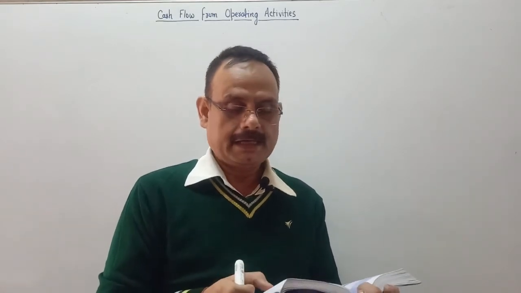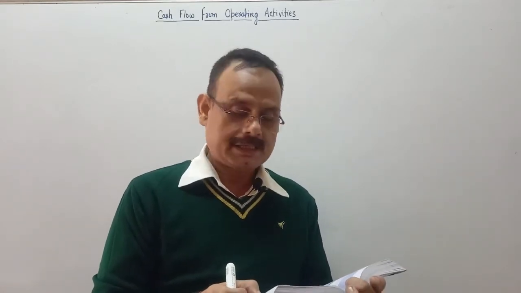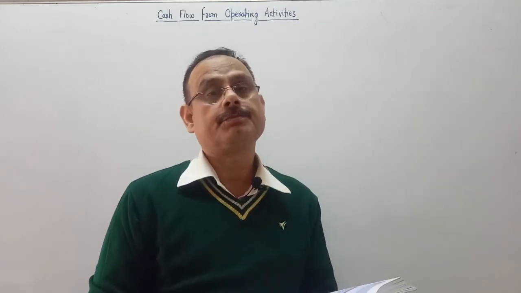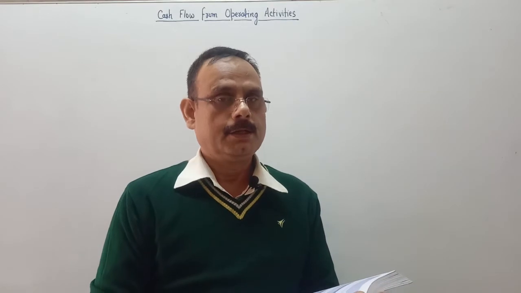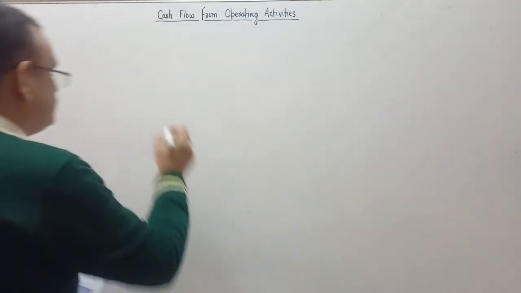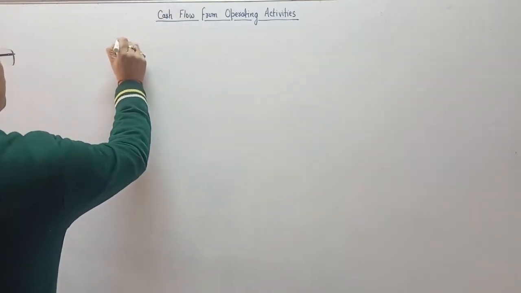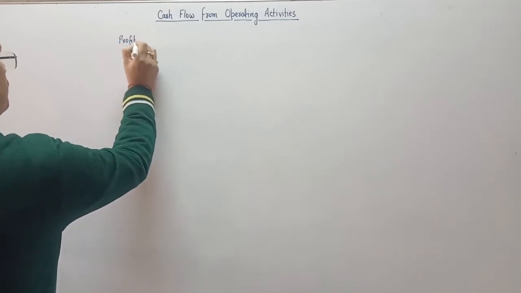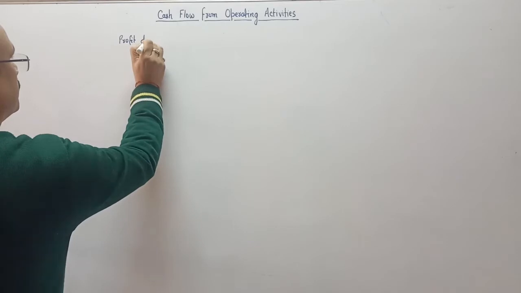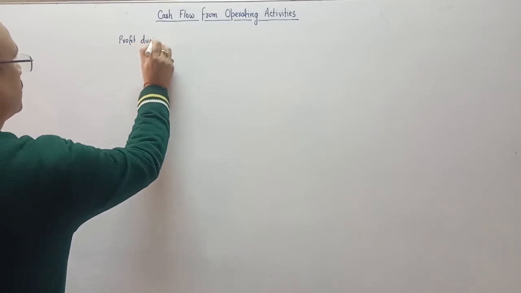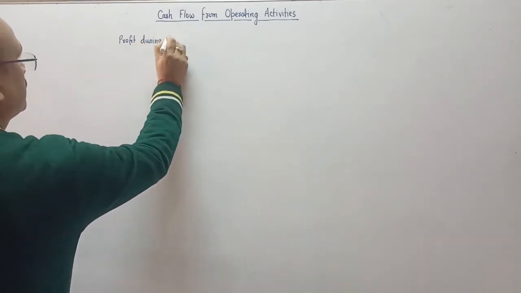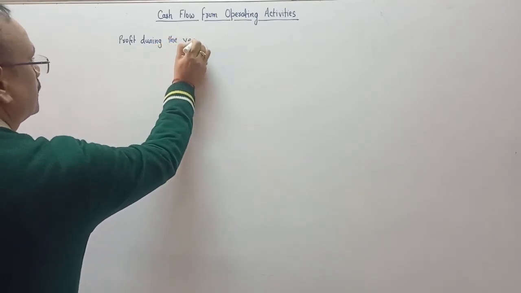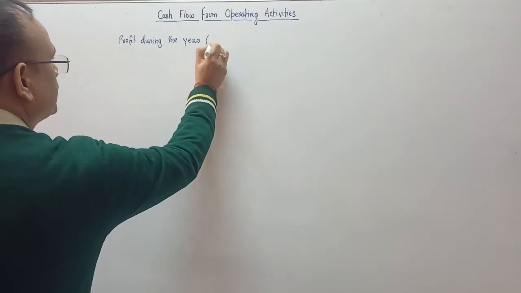Last year the profit and loss is 20,000 minus, and this year it is 50,000 plus. So write the profit during the year as the difference.